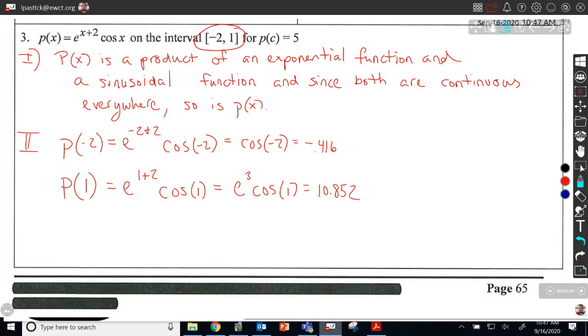So we just found those two values. The next question is, is 5 between those? And it is.